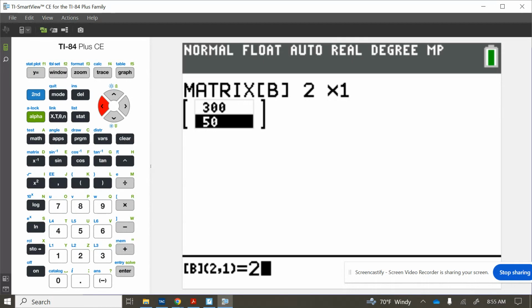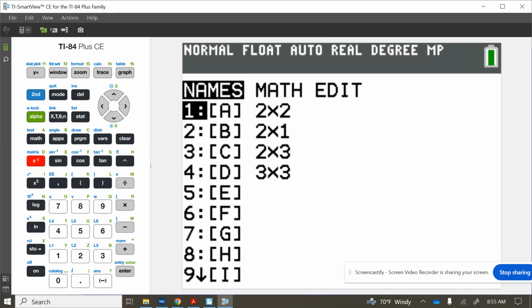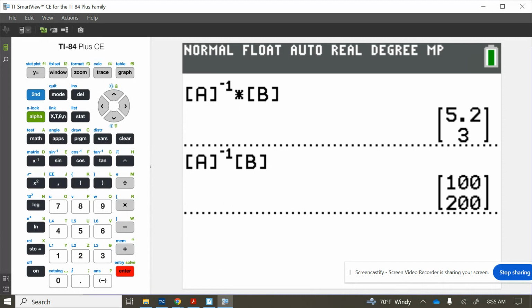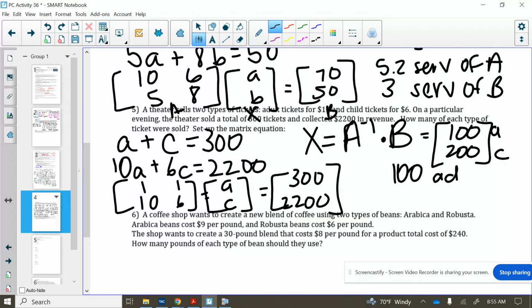And this time, again, I'm going to take A inverse times my matrix B. And again, my calculator did the work for me. It calculated even that inverse if I didn't have to show my work there. So I know that I sold, if this is A and this is C, 100 adult tickets and 200 children's tickets.